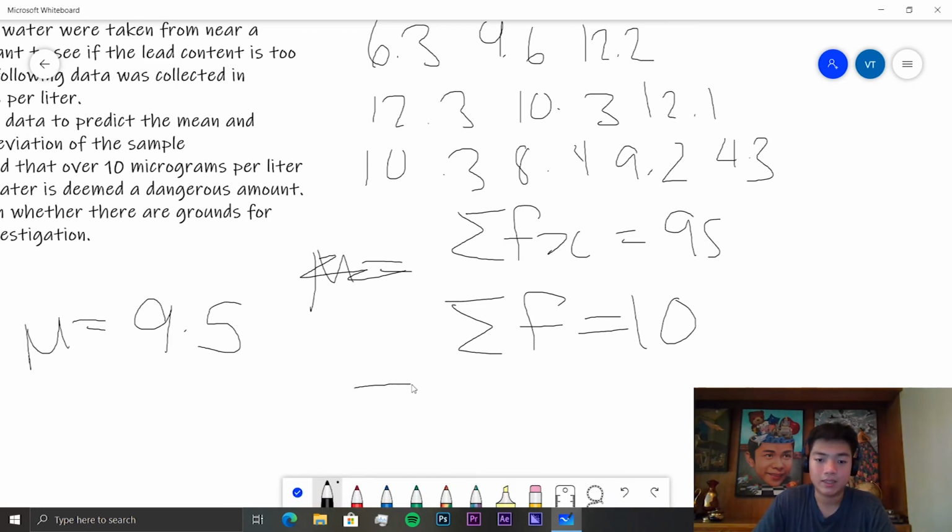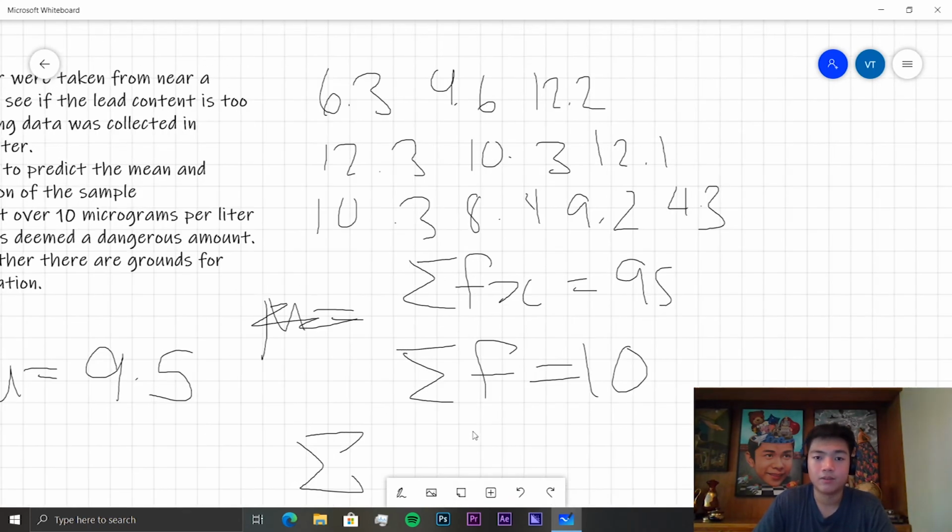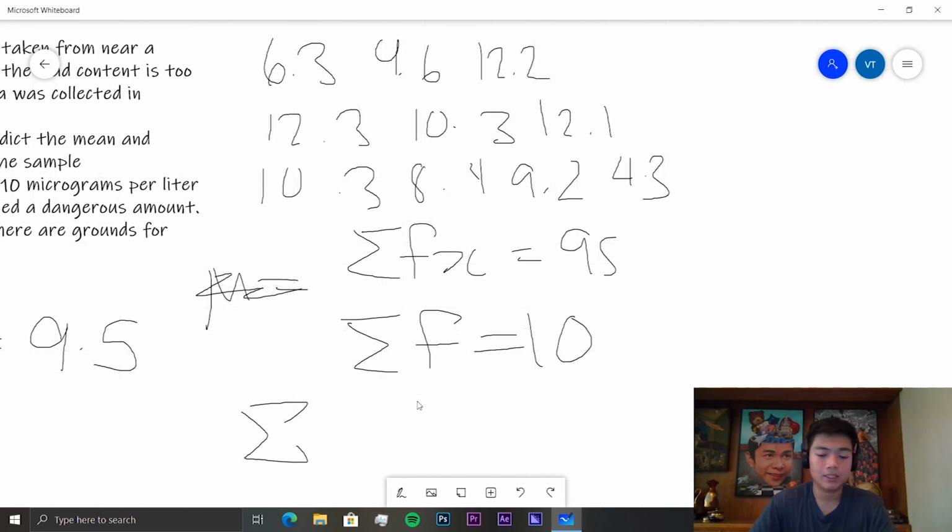But let's also get the standard deviation. To do that, we square each term. I'm not going to show the squares on the screen, but you can do it yourself. 6.3 squared plus 9.6 squared plus 12.2 squared plus 12.3 squared plus 10.3 squared plus 12.1 squared plus 10.3 squared plus 8.4 squared plus 9.2 squared plus 4.3 squared.